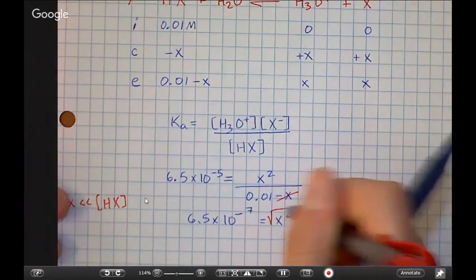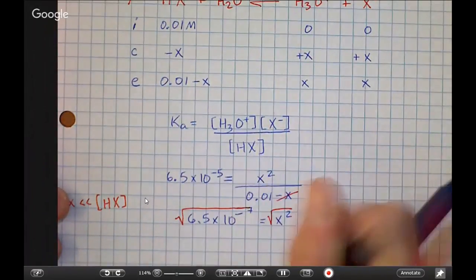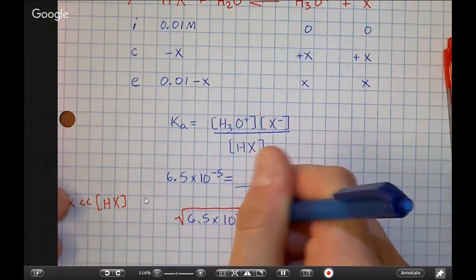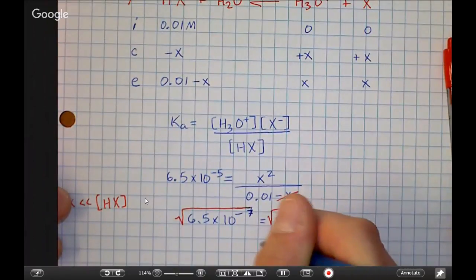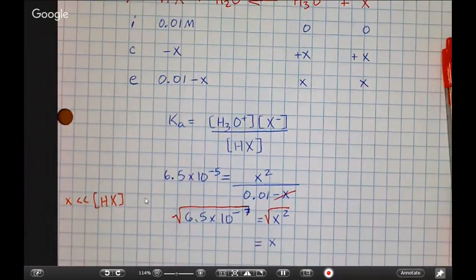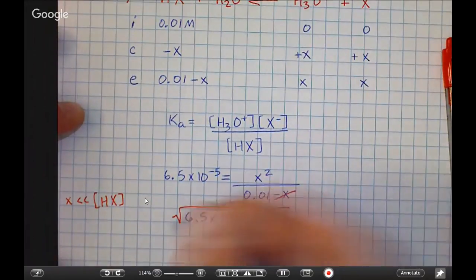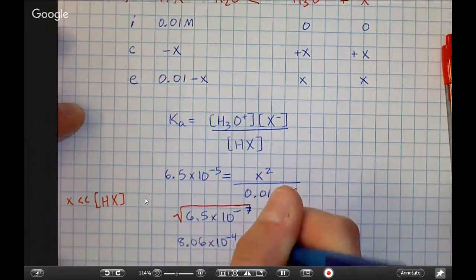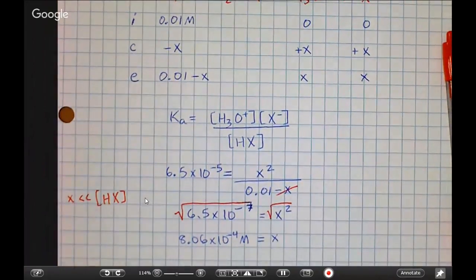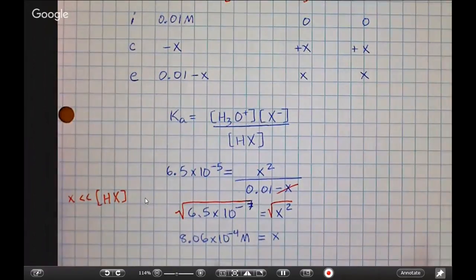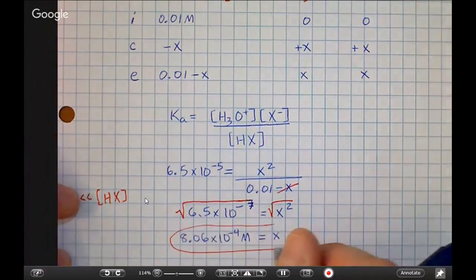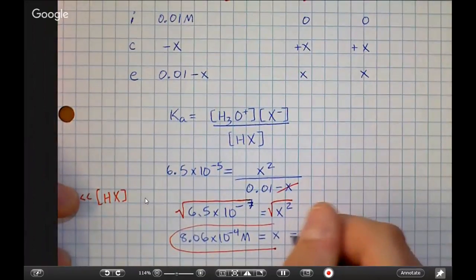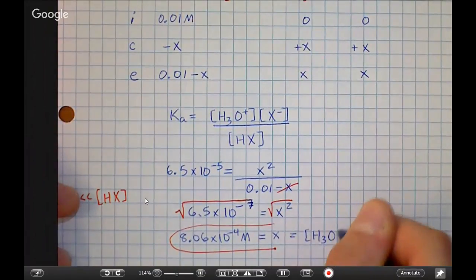So if we take the square root of both sides, that's going to allow us to figure out the value of X, which is going to come out to 8.06 times 10 to the minus 4 molar. And that value of X is also then equal to the concentration of our hydronium.